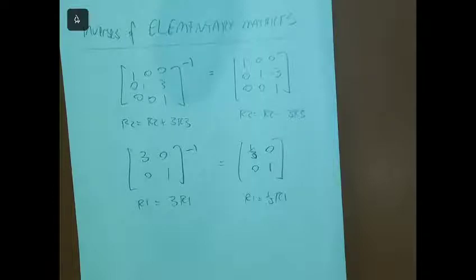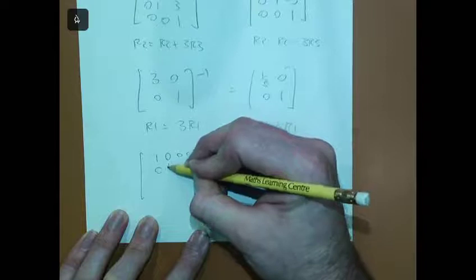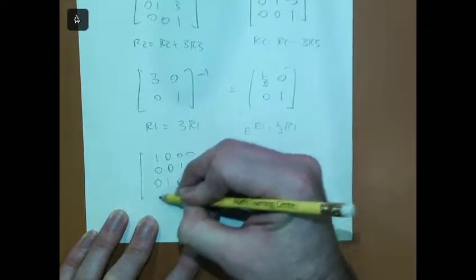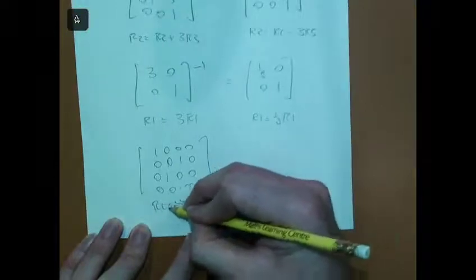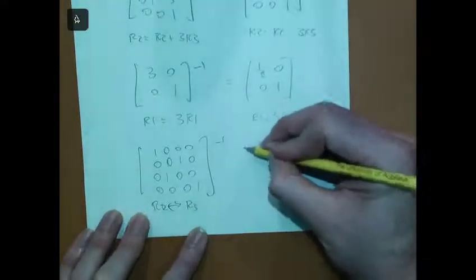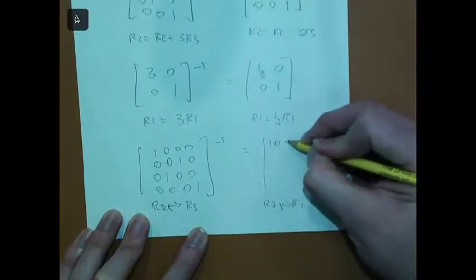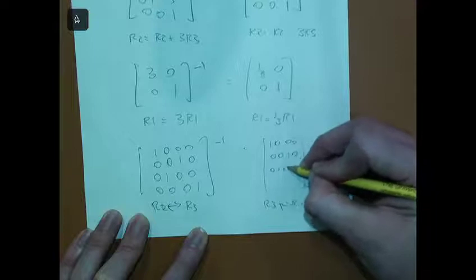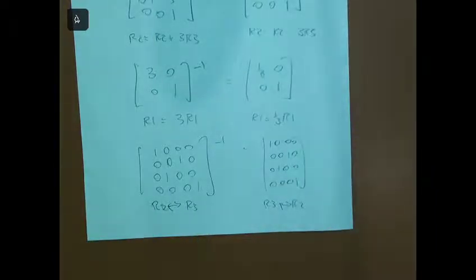And the inverse of a row switching elementary matrix is the same matrix again, because you just switch them back again. So this was row 2 switches with row 3. Well, the inverse will be row 3 switches with row 2, which is the same thing. So you can always invert an elementary matrix by finding the inverse row operation.